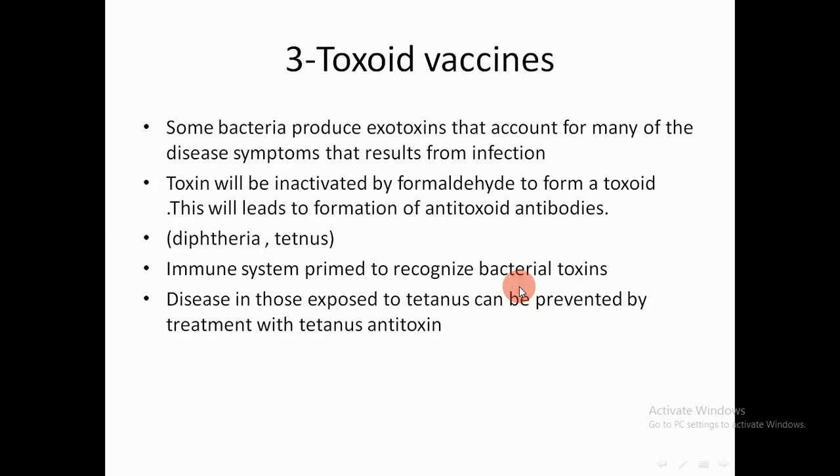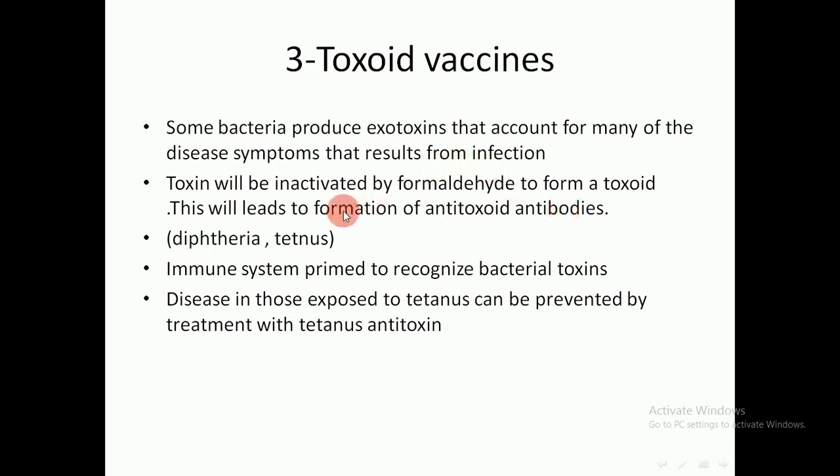Another type of vaccine is the toxoid vaccine. Here we use bacterial products, as some bacteria produce exotoxin, and we use this toxin and inactivate it with formalin to form what is called a toxoid, and this leads to formation of anti-toxoid antibodies.